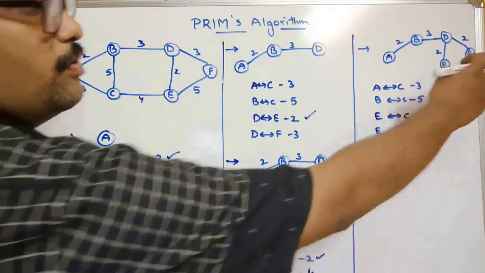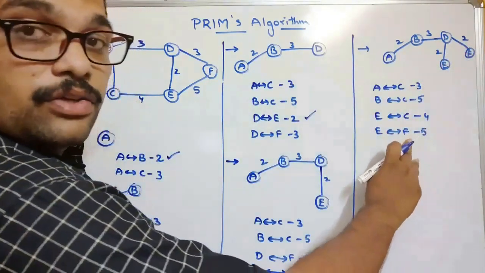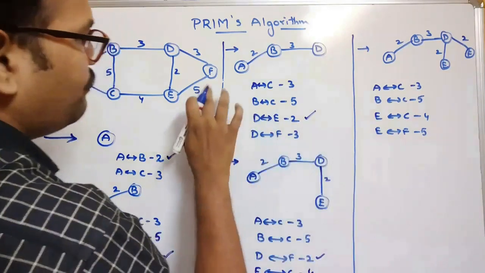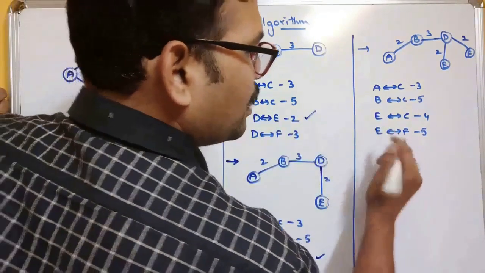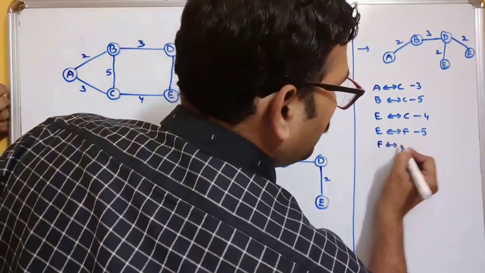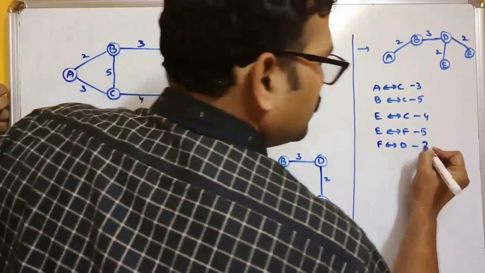Next, we have reached F. So the new vertex is F. So write down the edges of F. So F to D, F to E, right? F to E is completed. So F to D with a cost of 3.